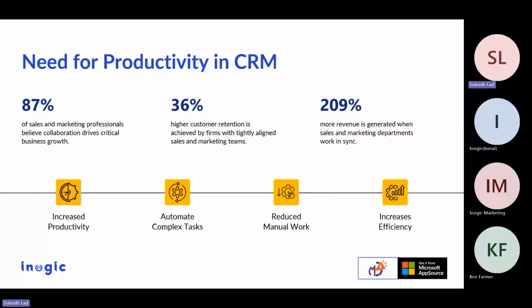This disconnect meant we couldn't see which leads were interacting with our campaigns, leading to missed opportunities and inefficiencies. Sales had no way of identifying warm leads or gauging the effectiveness of our outreach efforts. This challenge highlighted the need for a more integrated approach between Mailchimp and Dynamics 365, where both teams could work seamlessly towards a similar goal.